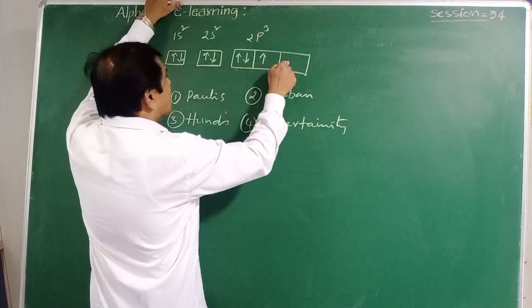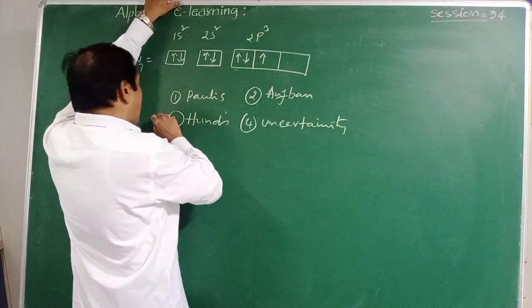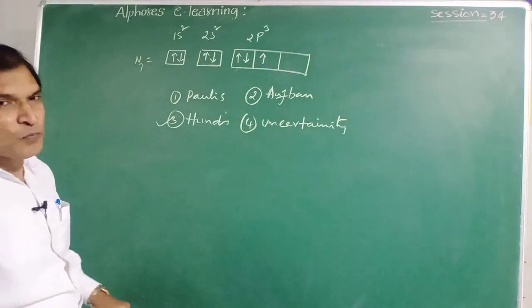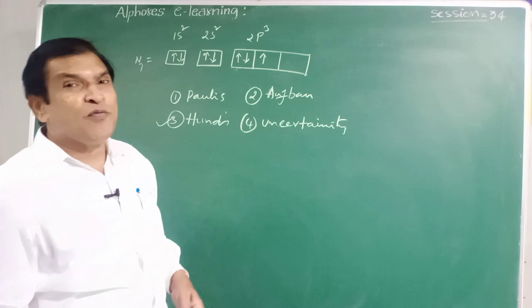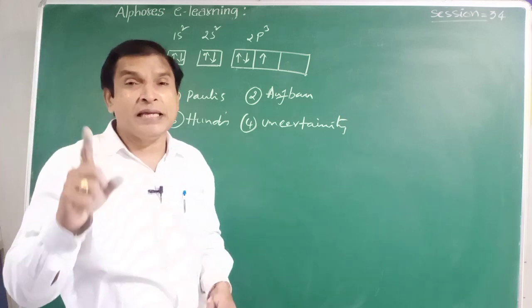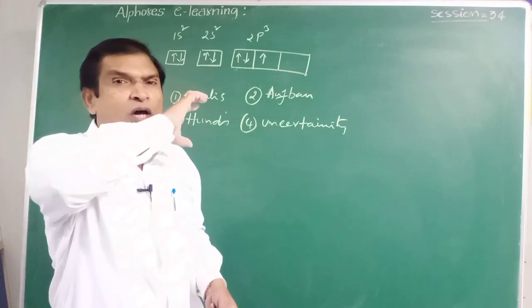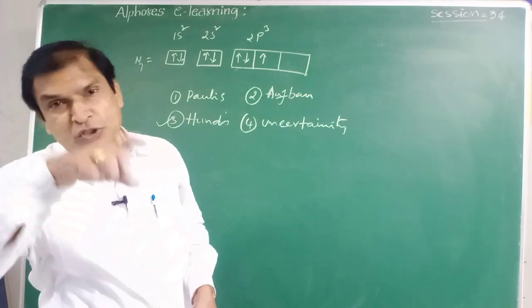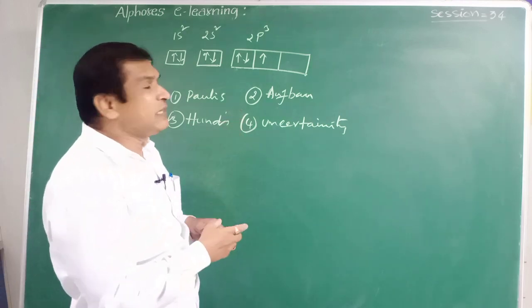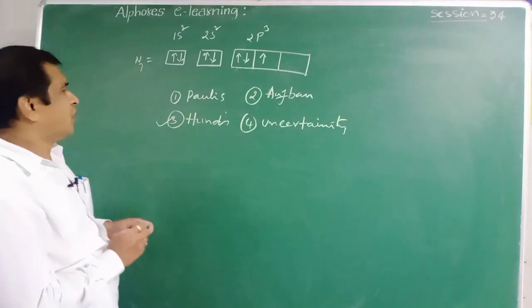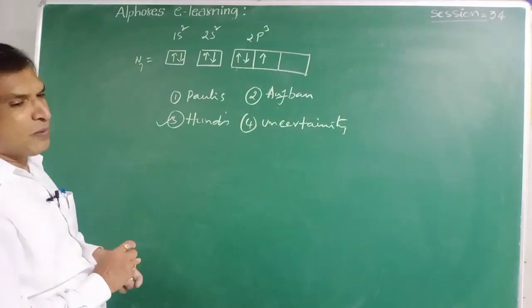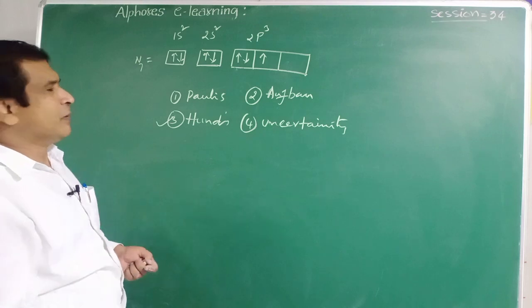So this configuration is not following Hund's rule. The answer is Hund's rule. According to Hund's rule, pairing of electrons takes place only when all the degenerate orbitals are filled with 1 electron each of parallel spin. So this is against Hund's rule.